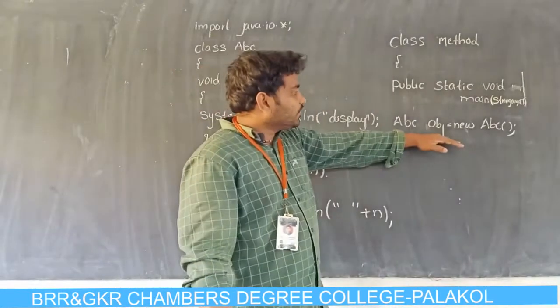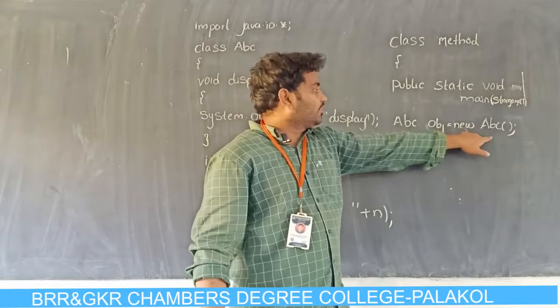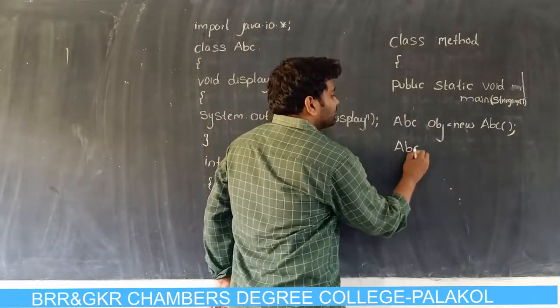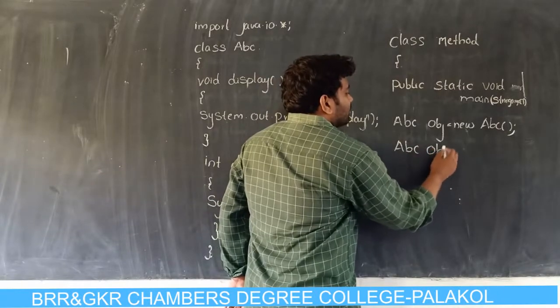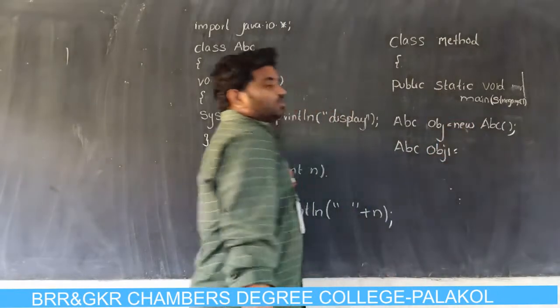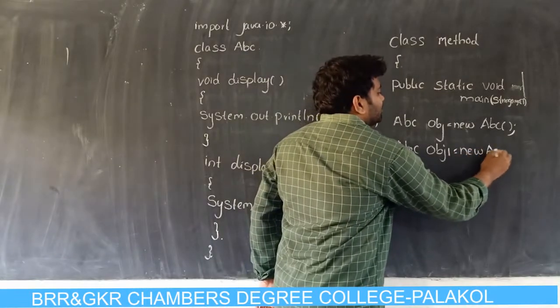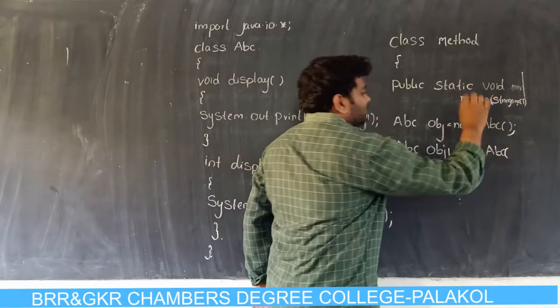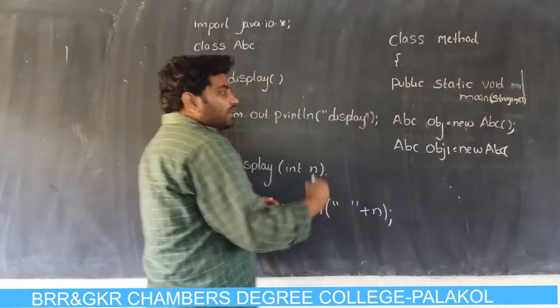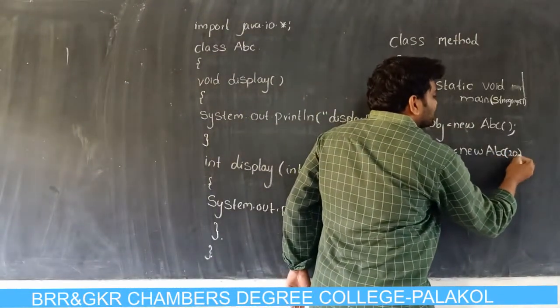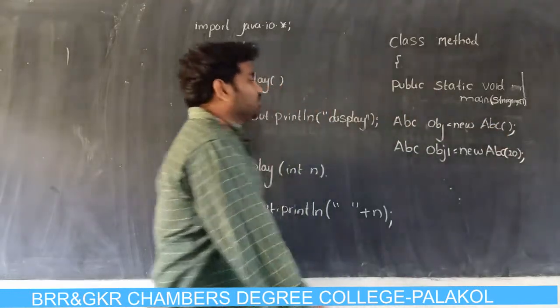You created one object without arguments. Next you create another object, ABC obj1 is equal to new ABC open parenthesis, and you write the value 20. This is with arguments.